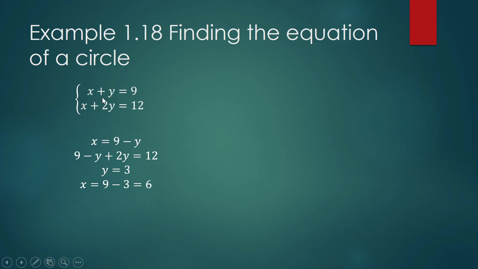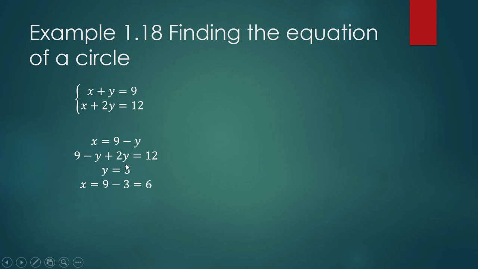Look at this. X plus y is equal to 9. So that means x is equal to 9 minus y. We shall use this for x. So in the second equation, instead of x, we can write 9 minus y plus 2y is equal to 12.